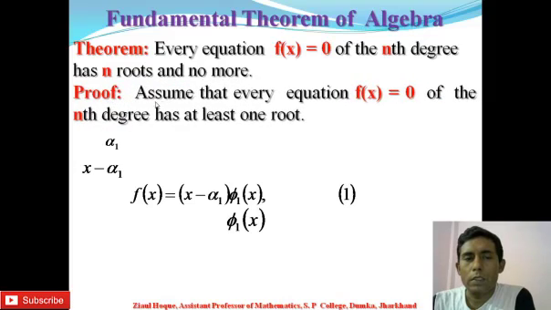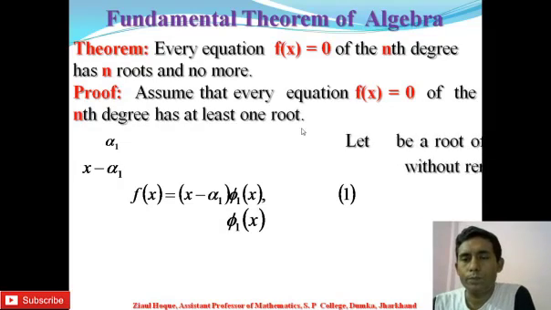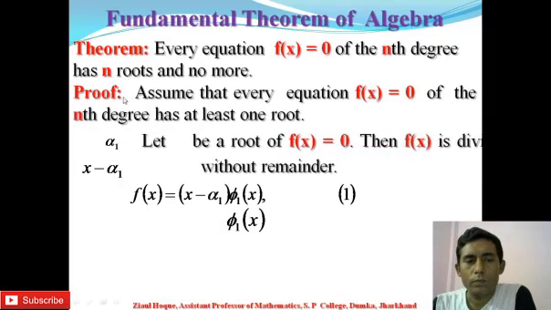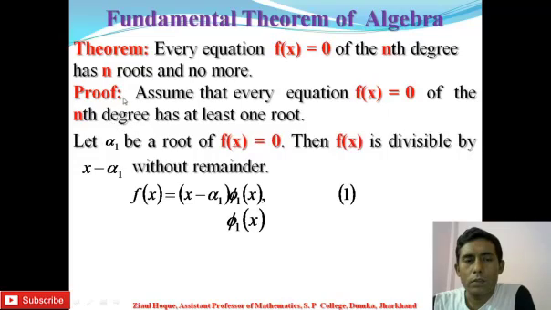Proof. Assume that every equation f(x) equal to 0 of the nth degree has at least one root. Since we assume that f(x) equal to 0 has at least one root, let alpha 1 be a root of f(x) equal to 0.